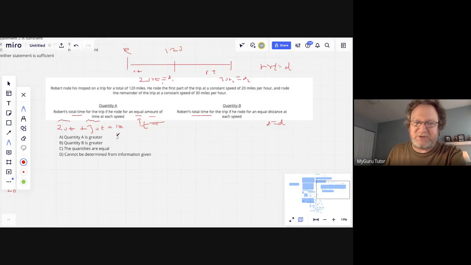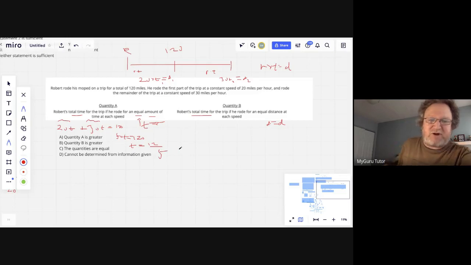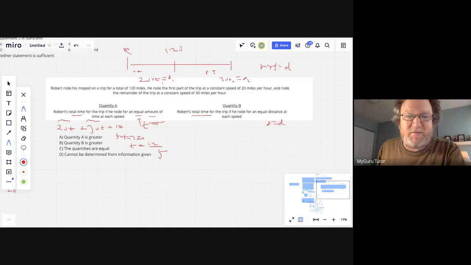So 50t equals 120, or t equals 12/5. So it took Robert 12 over 5 hours, which is 2 hours and 24 minutes, for the first leg of the trip.